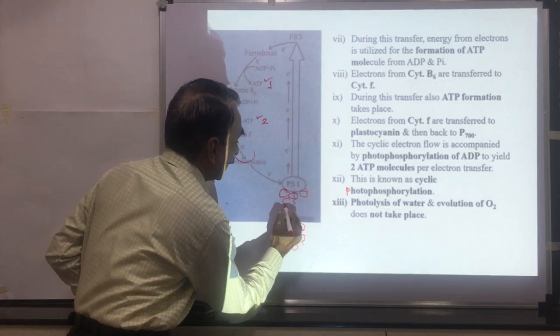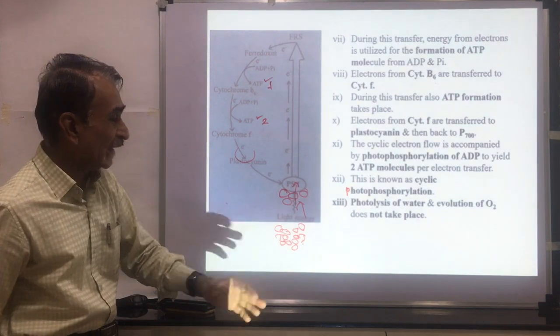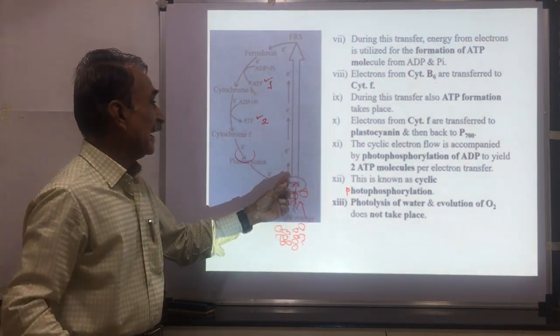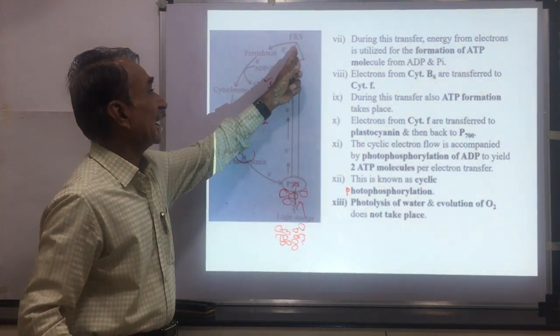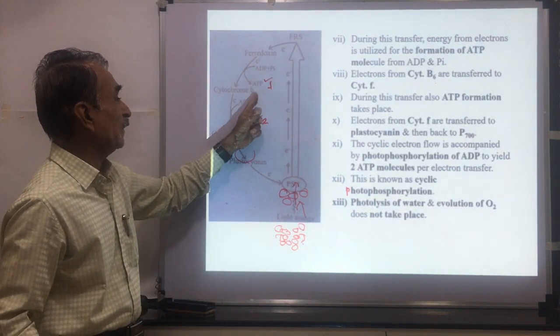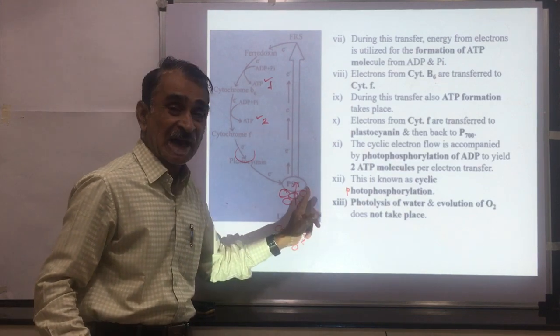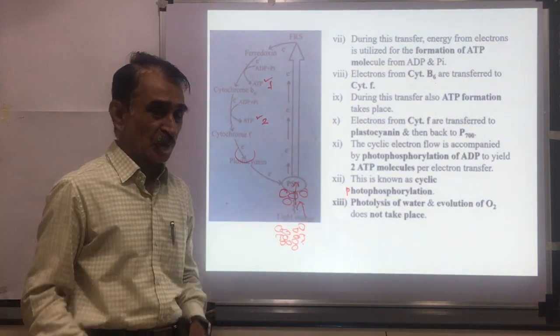Here there are accessory pigments. They absorb light energy and transfer the light energy to P700. This gets excited. Electrons are given out. Electrons are accepted by FRS, then ferredoxin, then cytochrome B6, cytochrome F, plastocyanin, and these are cycled back, coming to the original position.